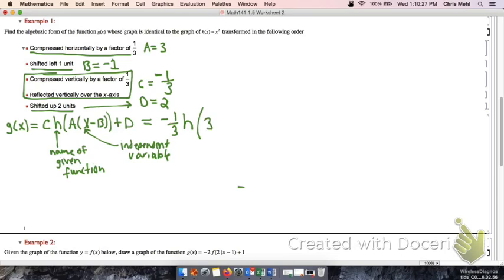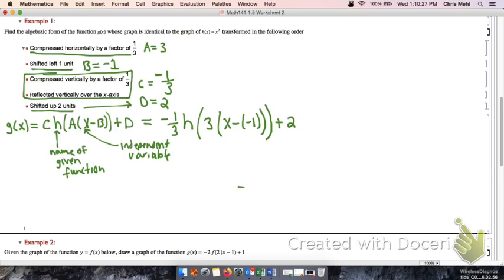We see that A is 3, B was -1, so I have x minus -1, close the parenthesis for the -1, close the parenthesis for the x minus B, and then I have to close off the parenthesis that began right after H. And then lastly, you're going to add the value of D, which is +2.